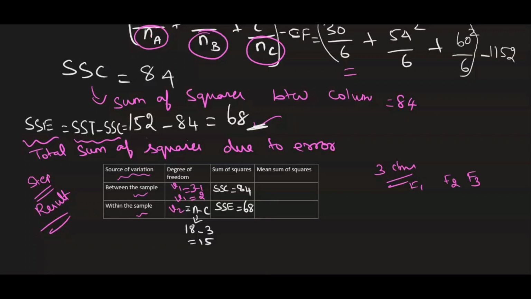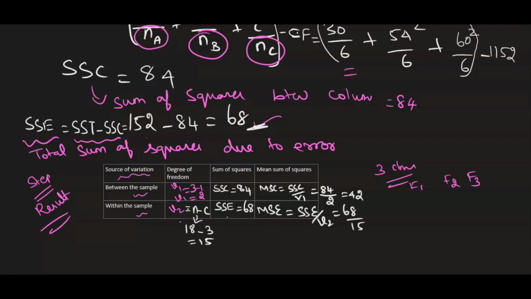So now this is done. Now the mean sum of squares, that is MSC, is SSC by V1. That is 84 by V1, which is 2, and that is 42. And then the mean sum of squares of the error is SSE by V2, that is 68 by V2, which is 15.